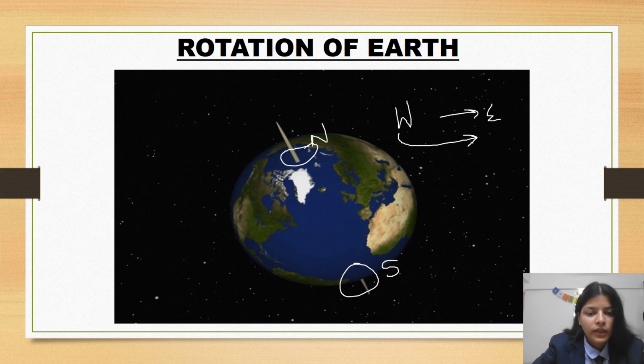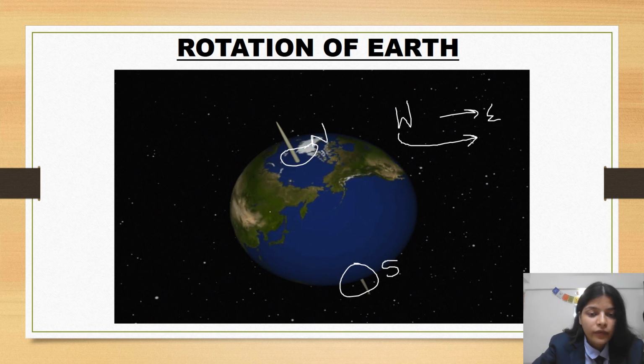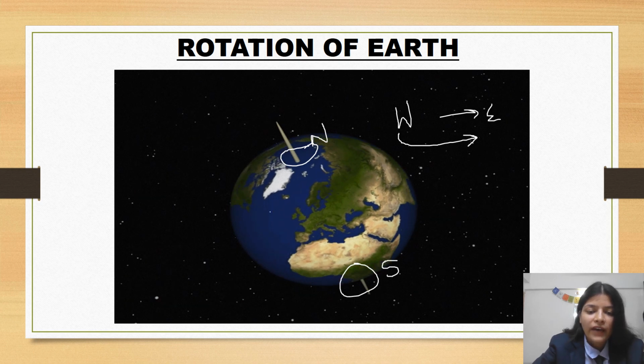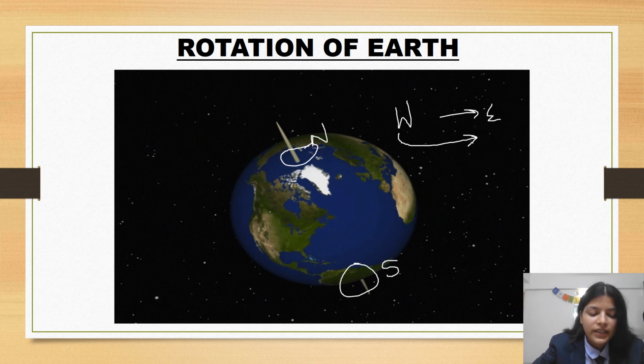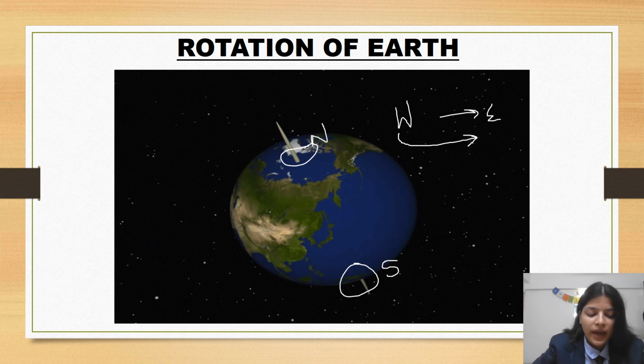But we have to keep one thing in mind, that like the globe has this needle fixed to it for its rotation, the real Earth does not have such needles. It rotates on its own axis, and the axis is an imaginary line.